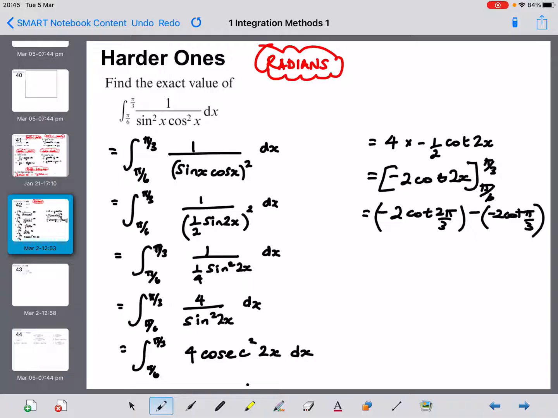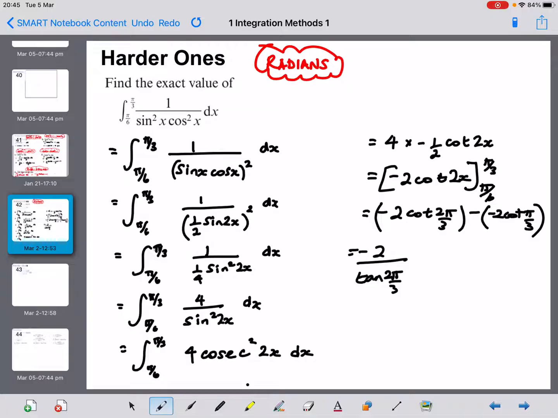Remember, you haven't got cot on your calculator, but you do have tan, so that's going to be the same as minus 2 over tan 2 pi on 3.